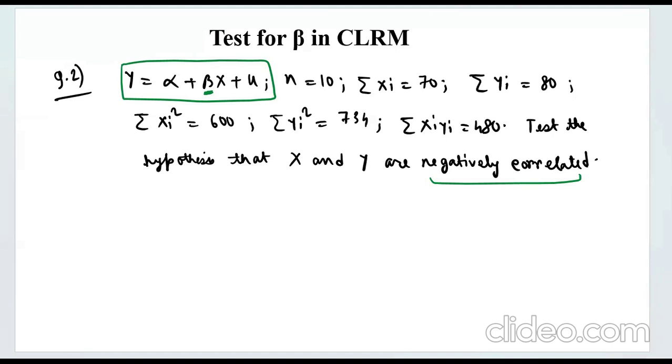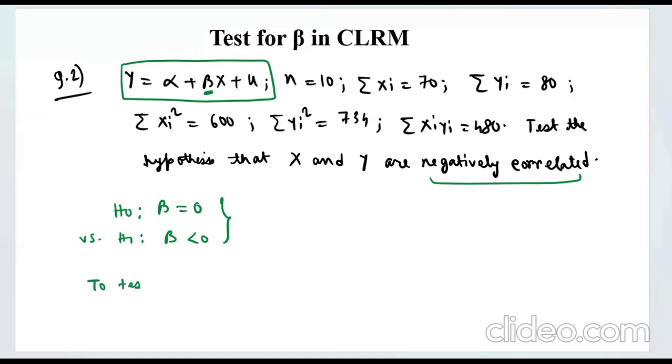So that is what we will test. So define the hypothesis first. Let us define the null hypothesis. Null hypothesis is always this versus alternative is beta less than zero, right? This is a one-tail test. This is what I have explained. Negative correlation means beta is less than zero.